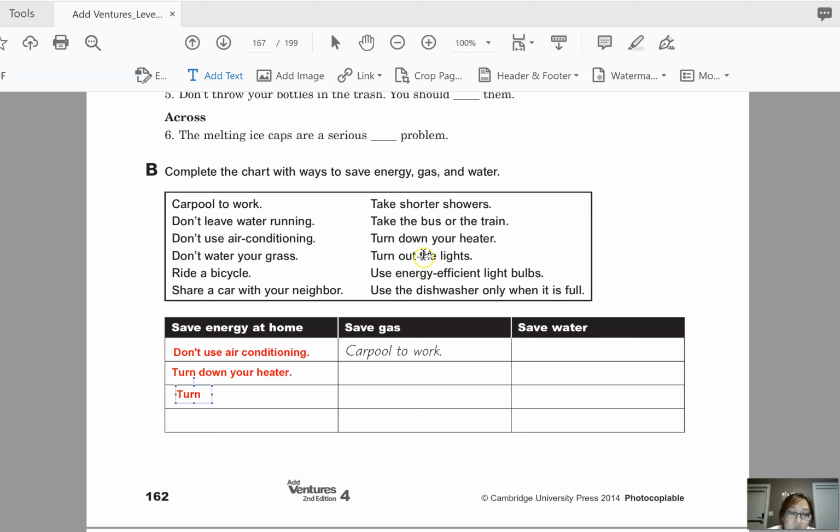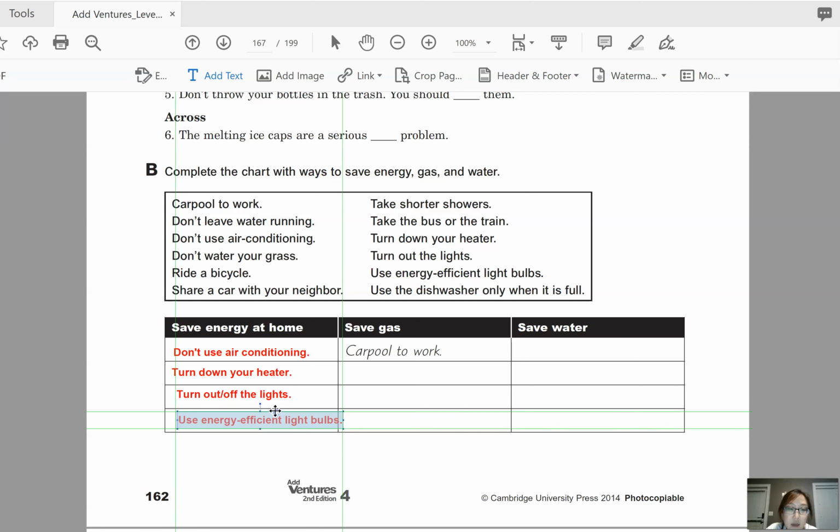Now, I know it says turn out, and some people use this phrase, turn out the lights, but it's more common to use turn off the lights. Turn out or turn off, but as I mentioned, it's a little better to say turn off the lights. And then finally, use energy efficient light bulbs.